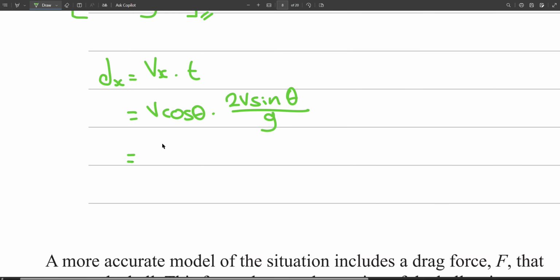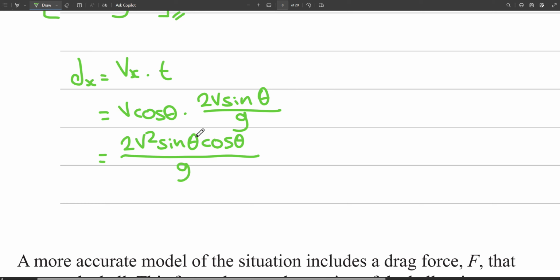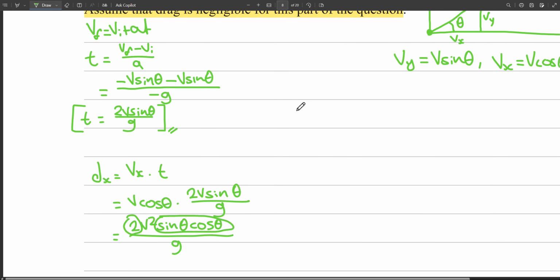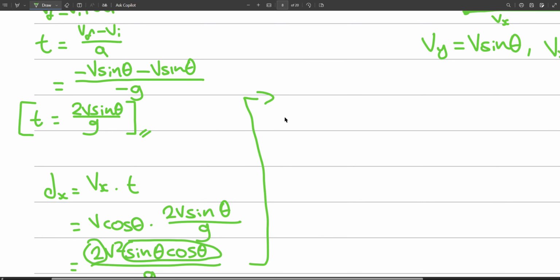And simplifying this, we get 2v squared sine theta cos theta on g. Now, notice how we've got a 2 sine theta cos theta. We can actually use that double angle formula that they gave us earlier and simplify this expression and write that dx is actually v squared on g times sine of 2 theta.